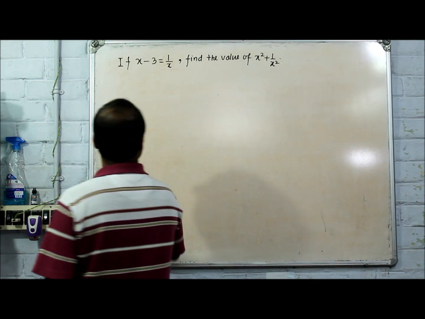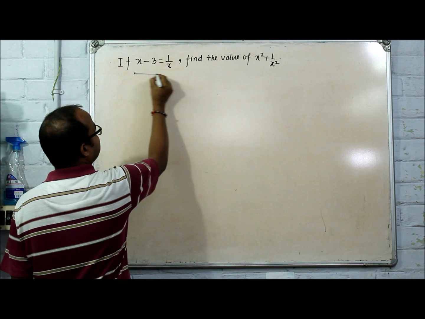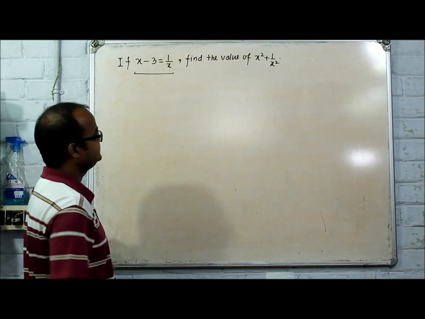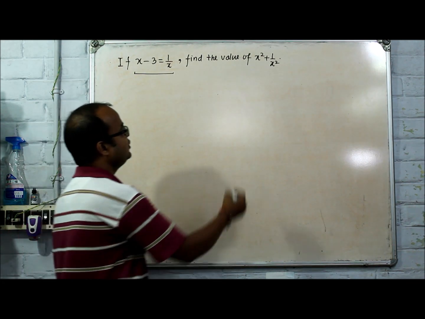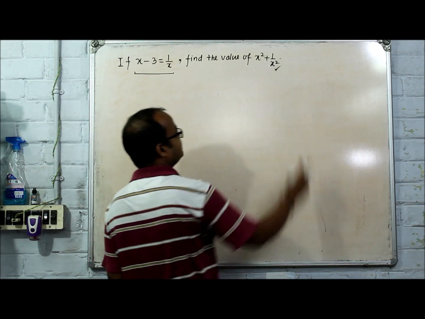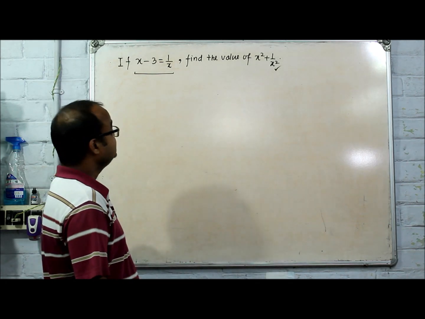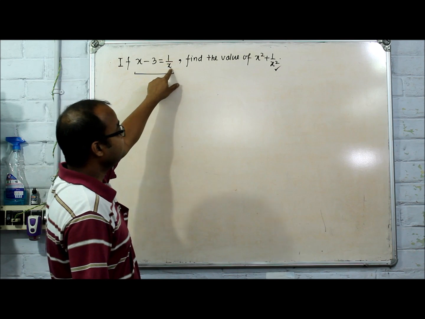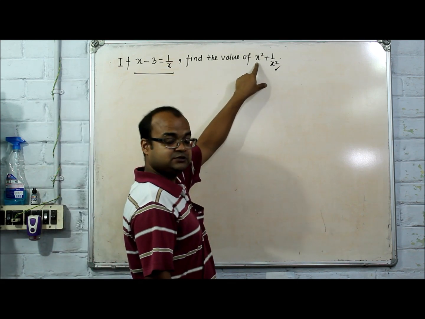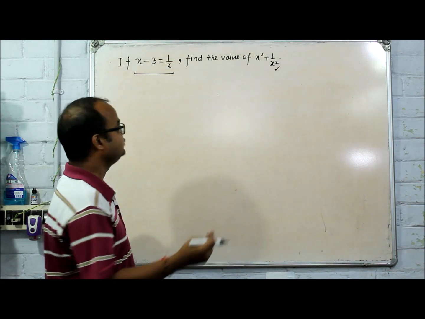It is given that x minus 3 is equal to 1 by x. We have to find out the value of x square plus 1 by x square. So now the linear term is given, we have to find out the value of the square term. So we need to square on both sides.